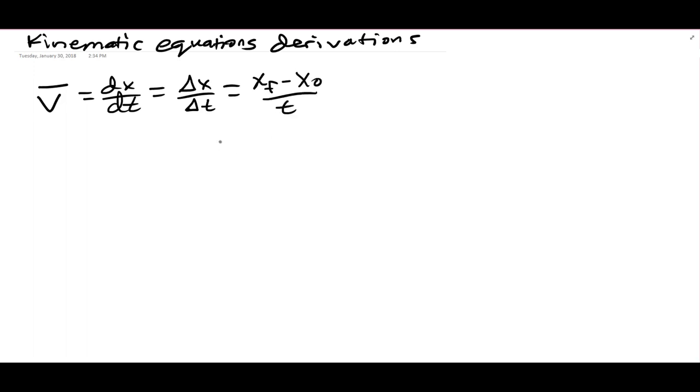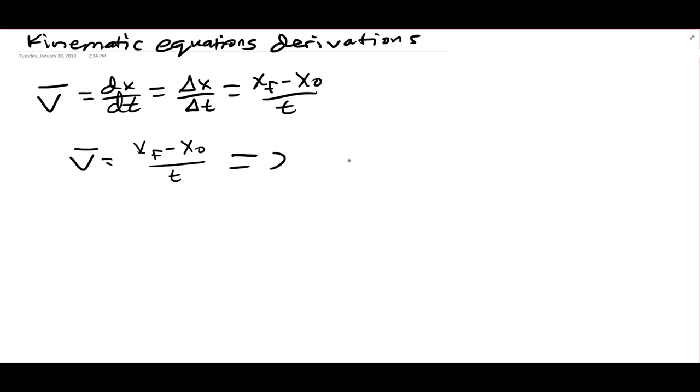Okay. And so what else can you do with this? Well, we can get a form that is fairly useful for us where we solve for the final position. So we have v equals x final minus x initial over time, where that's an average velocity. And so now we can just go ahead and solve.